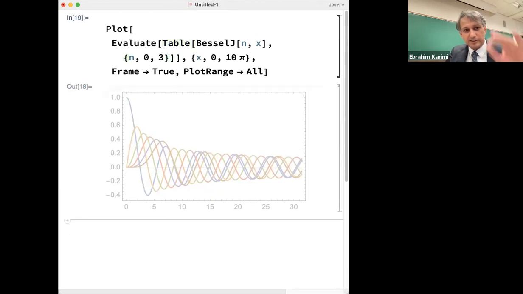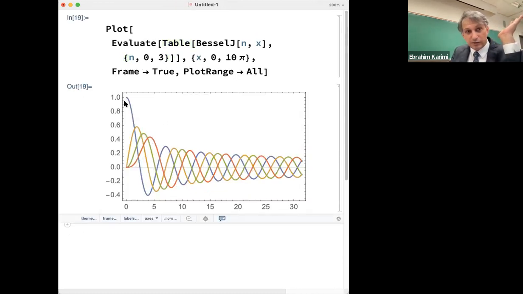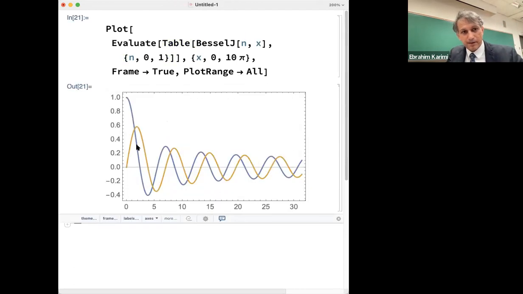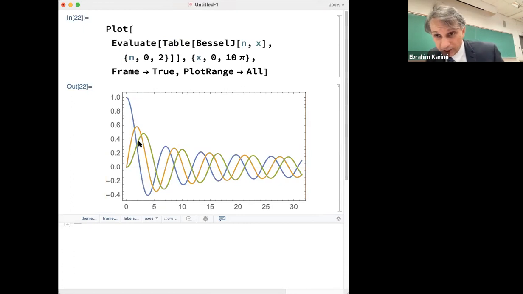And if you go with 3 Bessel functions, 4 Bessel functions, you will see Bessel 0, Bessel 1, Bessel 2, and so on. So let's look at them. That is Bessel 0, the blue one. The orange one is Bessel 1, which is starting here. Now I'm including Bessel 2 as well. You will see that Bessel 2 will go a little bit farther. All right, so that's really the property of the Bessel functions.